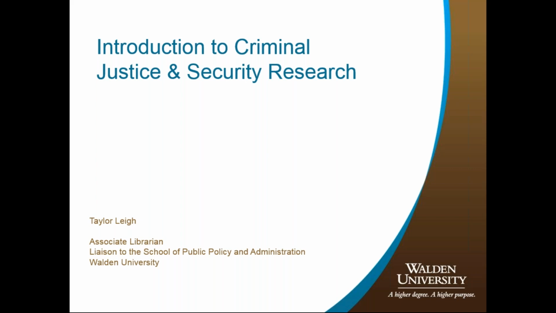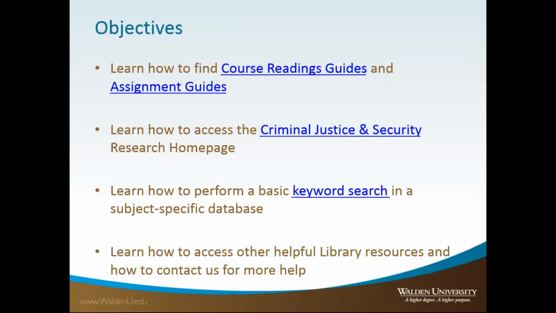With that being said, let's review our objectives. Our first objective is to learn how to find course readings guides or just course guides and assignment guides. We'll also see how to access the Criminal Justice and Security Research homepage. This is a page that I curate with all kinds of subject-specific resources, so I definitely want to make sure you know how to get there.